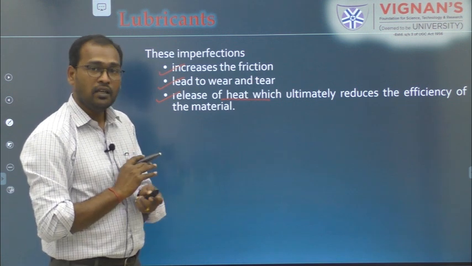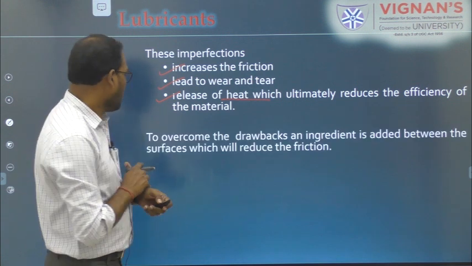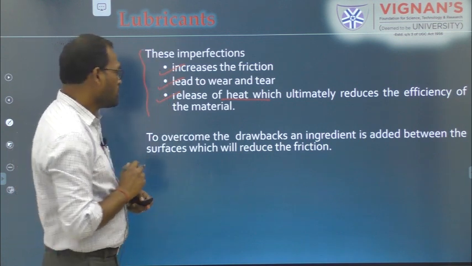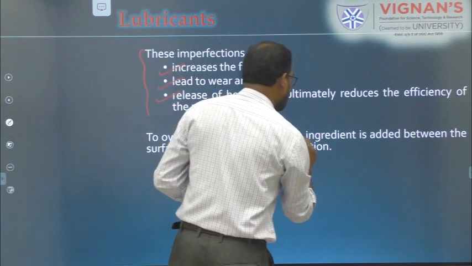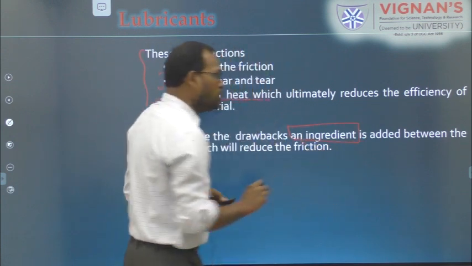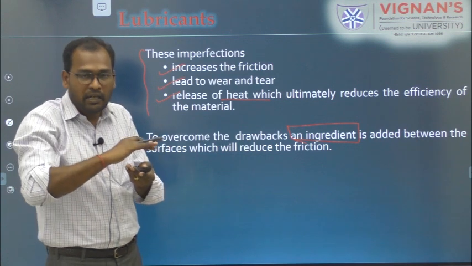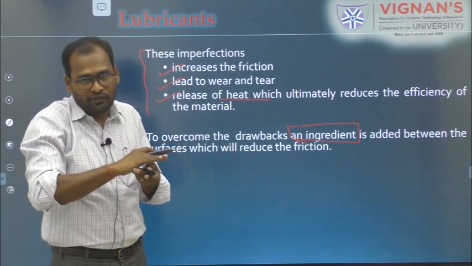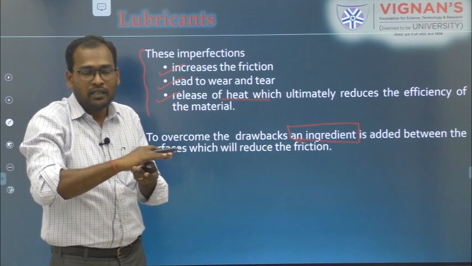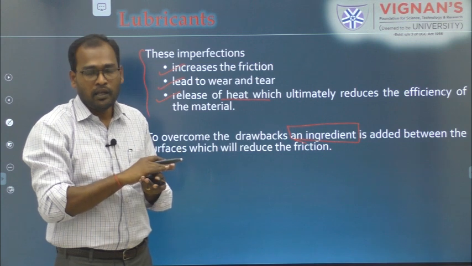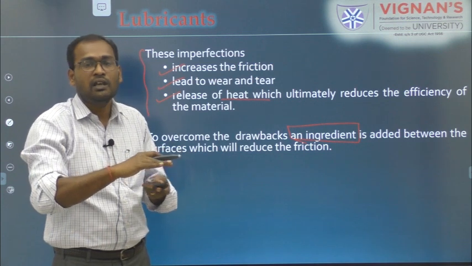So these are the consequences of friction, and to overcome all these imperfections, a third material or an ingredient is added between the two surfaces, and this material will smoothen the surface, and because of this the friction will be totally or partially removed.